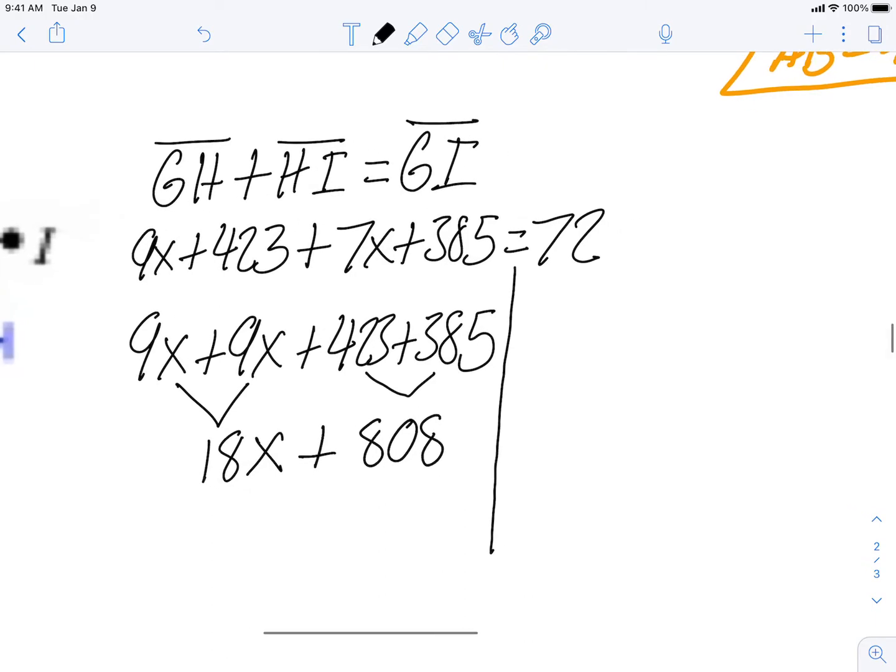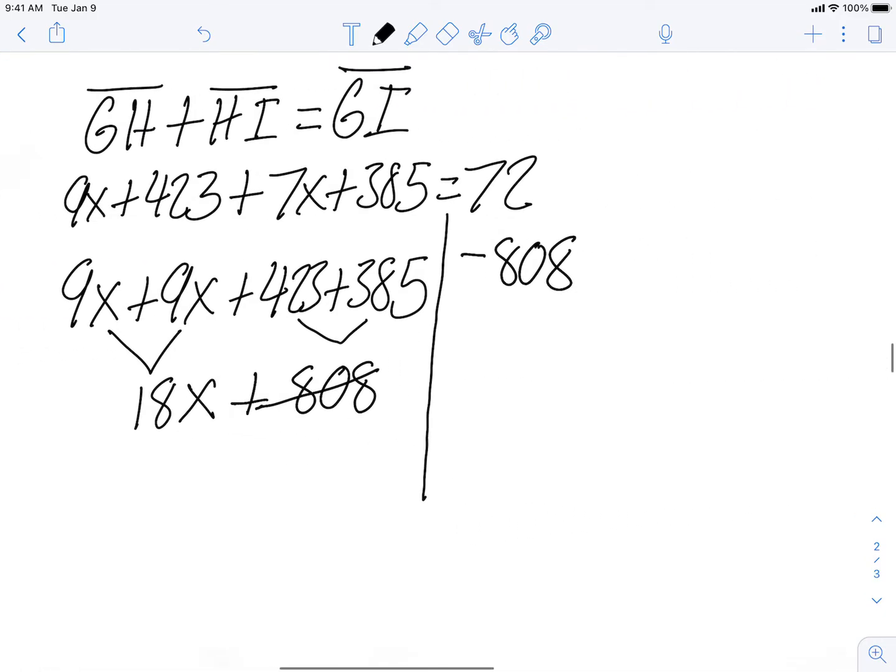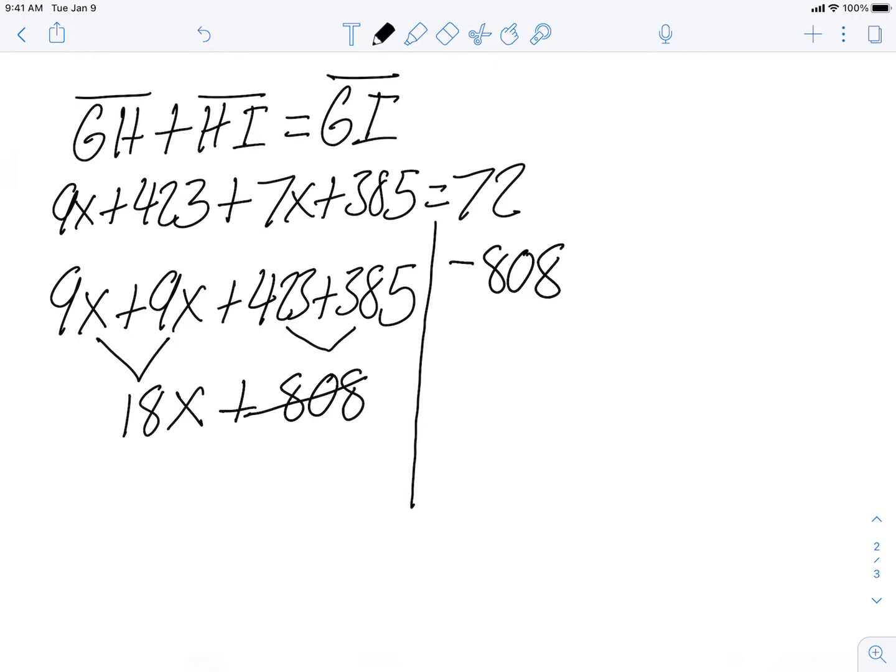That is not going to stay here long because I'm going to move this dude over here to the 72 and make it a minus 808. Minus 808, just like this, right? So I still have my 18x here, which means 18 times x, right?